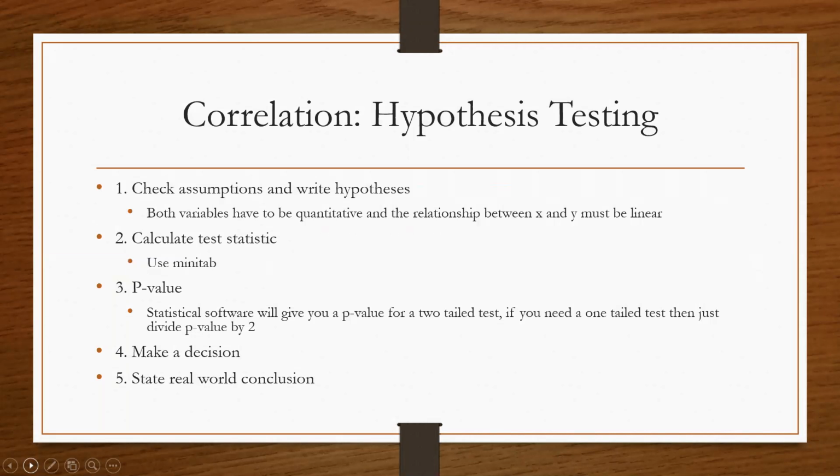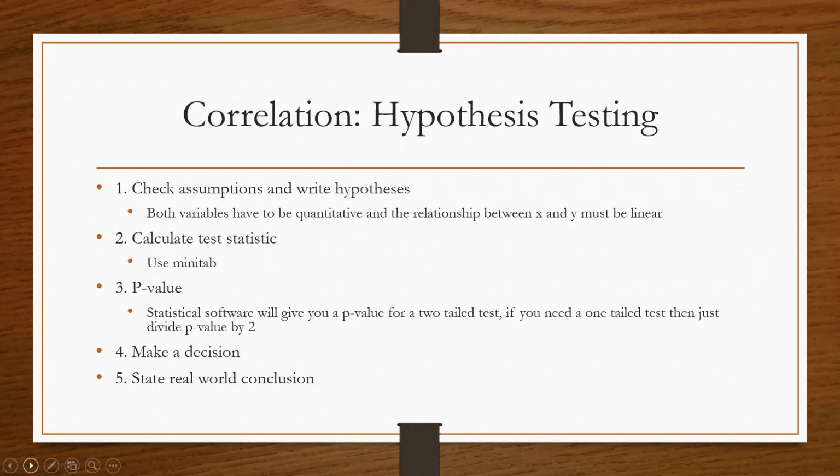So we're using this for hypothesis testing. It's the same 5-step procedure. You're going to check your assumptions: both variables have to be quantitative, and the relationship between x and y must be linear. For your test statistic, you're just going to use Minitab.